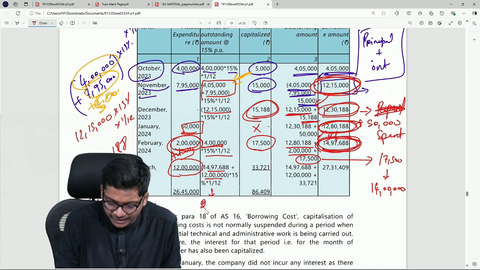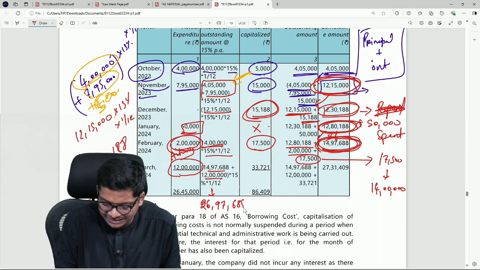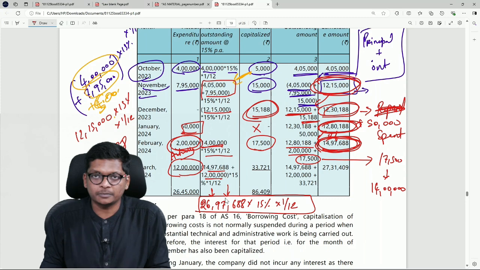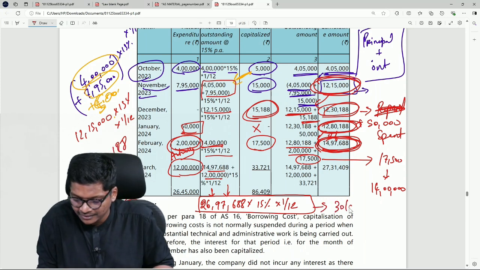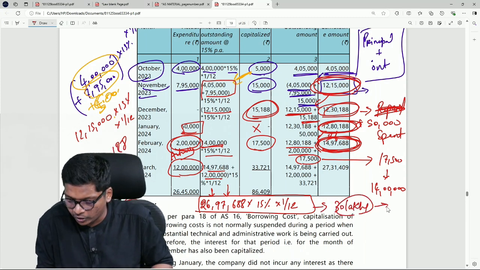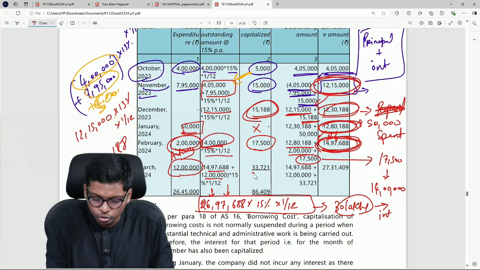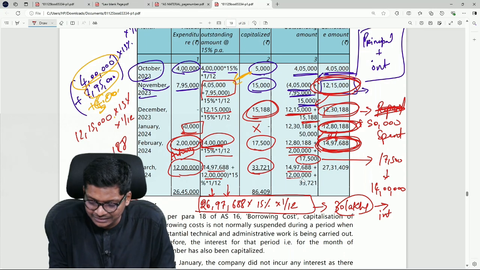The total here becomes 26 lakh 97,688 into 15% into 1/12. Here why are we allowing this in the last month? Because the limit is there up to 30 lakhs for interest. Previously the limit stopped at 14 lakhs. So 33,721. Add this as usual.